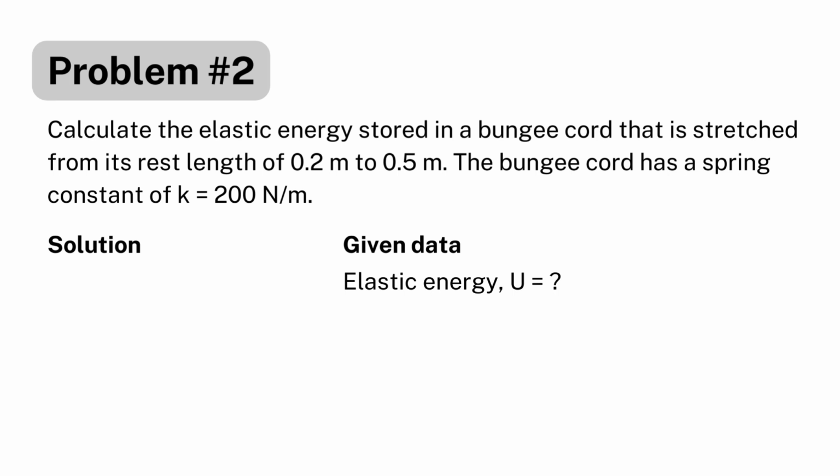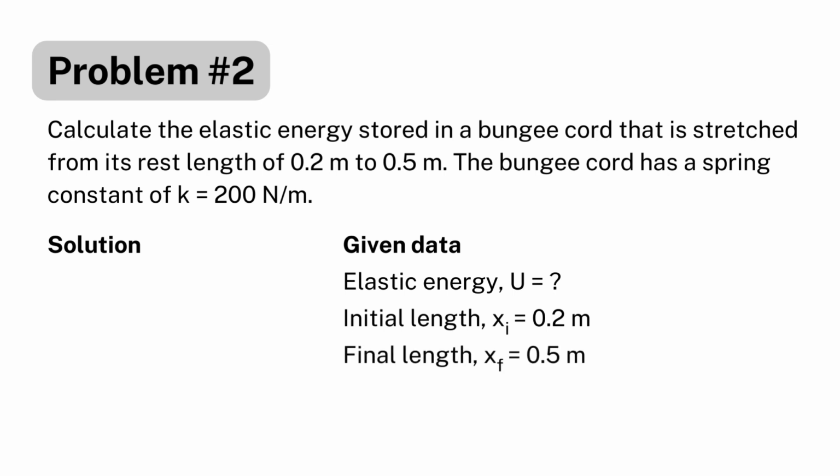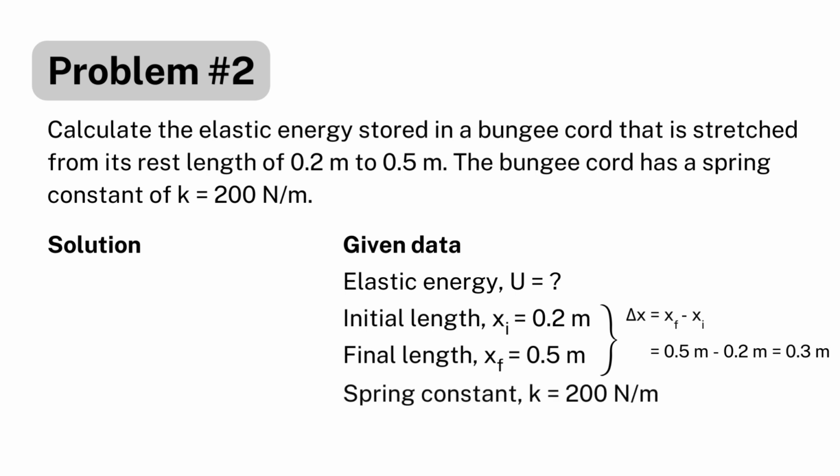The initial length of the bungee cord is given as x initial equals 0.2 meter, and the final length is given as x final equals 0.5 meter. So we will write the displacement, delta x is equal to x final minus x initial, and the value we get is 0.3 meter. The value of the spring constant is given as K equals 200 newton per meter.